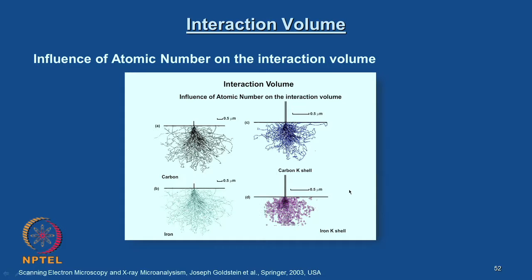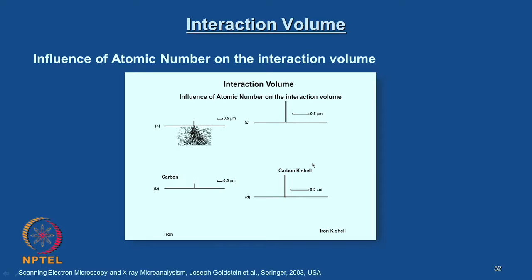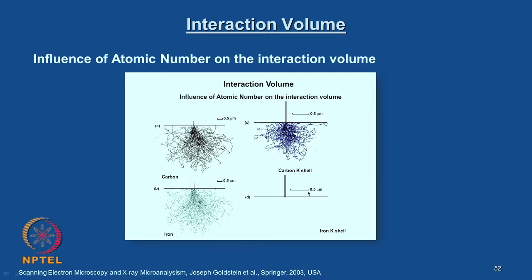You can also see that as the atomic number increases, the linear dimension decreases. That is very much understandable, because the scattering cross section varies as the atomic number increases. So, the linear dimension also decreases accordingly.